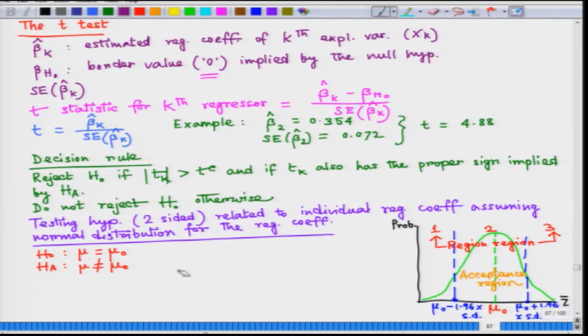Now, what is the use of this number 1.96? As of now it is arbitrary, but let me tell you what happens if we apply this number.